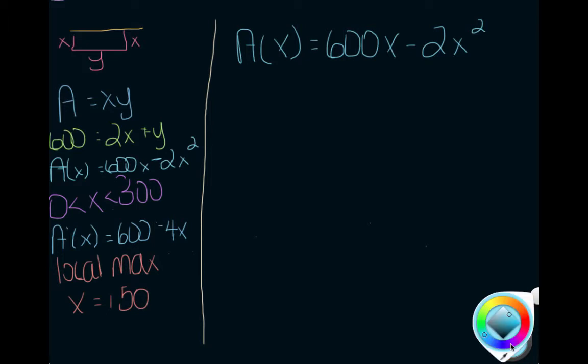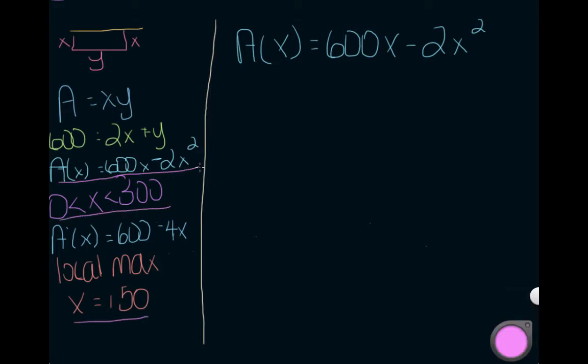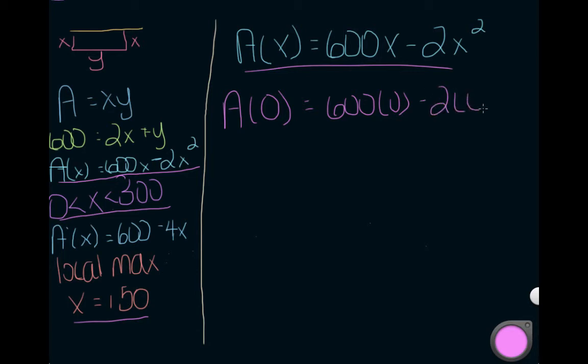So I need to figure out A of 0, A of 300, and A of 150 using the equation that we already figured out, which we have right here. So if I want to figure out what A of 0 is, I just replace x with 0. So 600 multiplied by 0 minus 2 times 0 squared. So that means that A of 0 is equal to 0, okay?